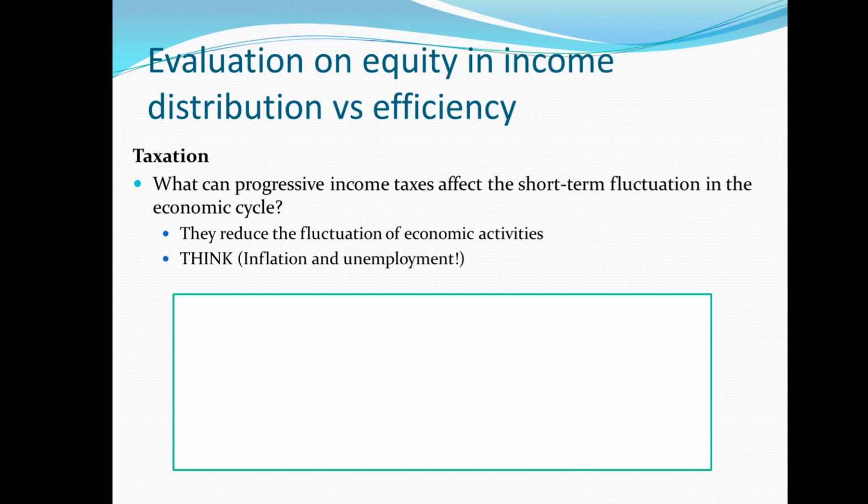If that's how it works, then it helps stabilize inflation and unemployment as well. Just think about when you're at a low point, what will happen to your unemployment? When you're at a high point, what will happen to inflation? That's one very good purpose of using progressive taxes.